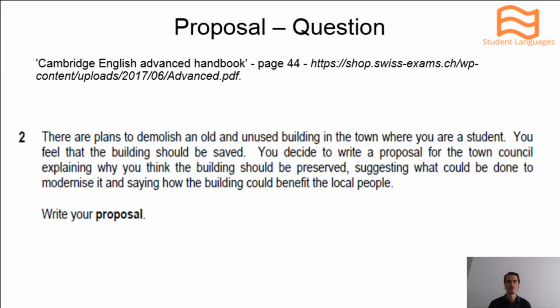And it says, there are plans to demolish an old and unused building in the town where you are a student. You feel that the building should be saved. You decide to write a proposal for the town council, explaining why you think the building should be preserved, suggesting what could be done to modernize it, and saying how the building could benefit the local people. Write your proposal.